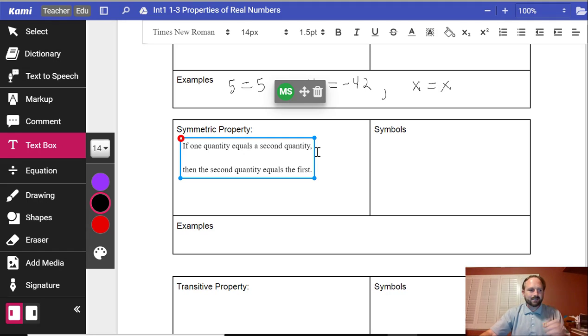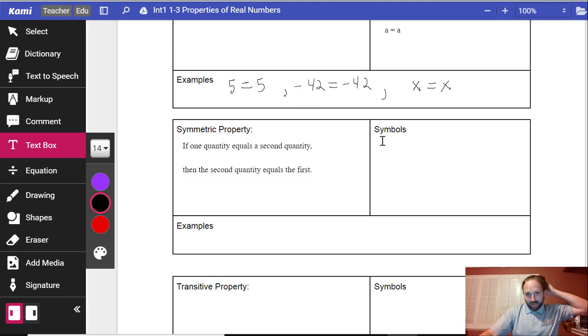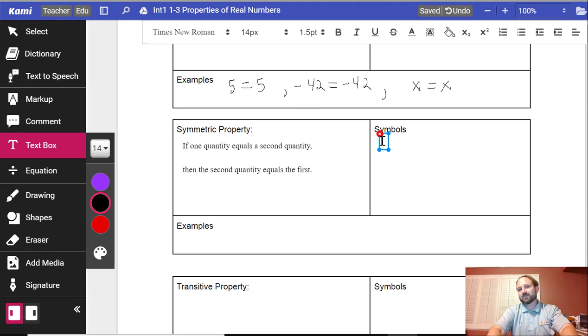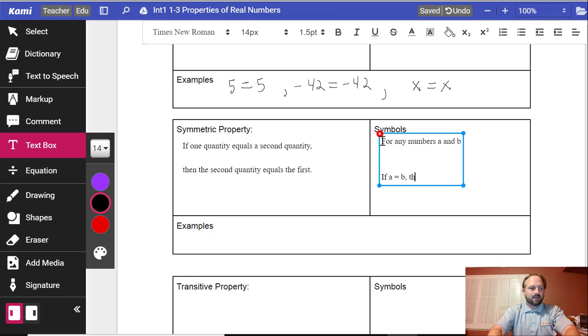What does this mean? Okay, for any numbers, let's write the symbols. For any numbers a and b, if a is equal to b, then b is equal to a.